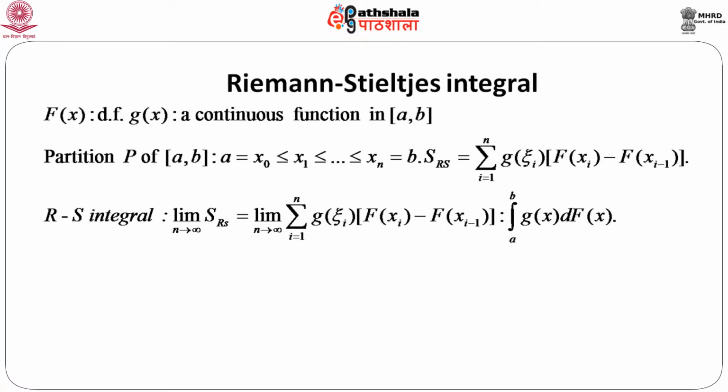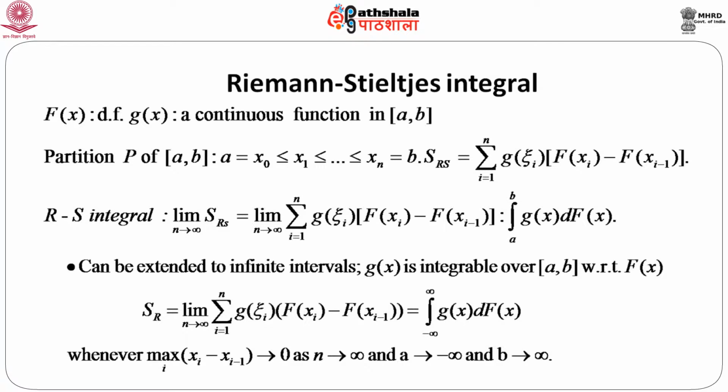If this limit exists, then this limit is the Riemann Stieltjes integral and is denoted by the integral from a to b of g(x) dF(x). It is clear that here we are integrating g(x) with respect to the function capital F(x), where F(x) is a distribution function and g(x) is a continuous function.